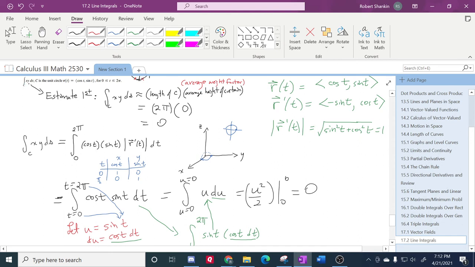So if that's a velocity function, then we're getting a displacement, even if we're going in a crazy path that's no longer a straight line.